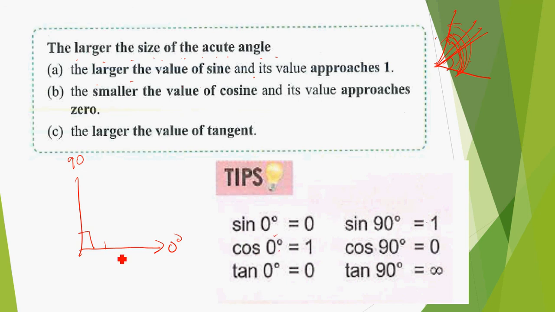While cos 0 is 1, and when the angle becomes larger, it becomes cos 90 equal to 0. While for tan, when the angle is 0, it is 0, and then when the acute angle increases, the value of tan also increases until infinity.